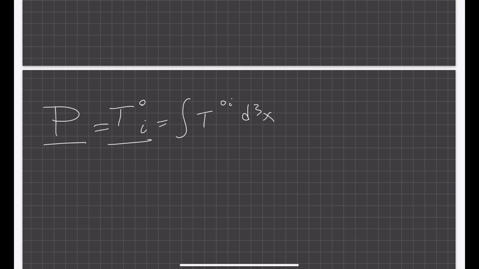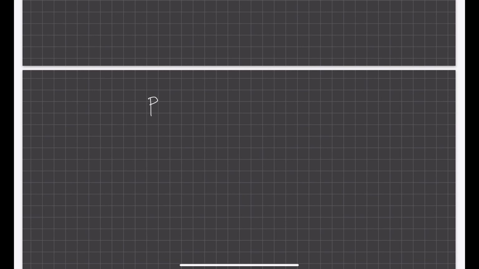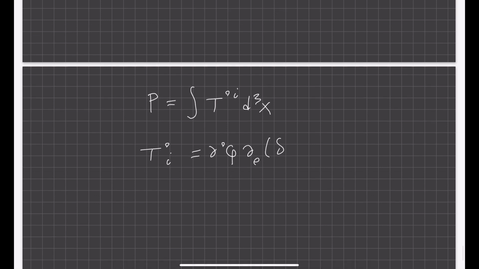So basically the total momentum is the integral of T0i d3x, right? And T0i, based on the expression, is the zeroth derivative of the field, and then I have this rho-th derivative of the field. Then I had some delta here, with the upper index being rho and the lower index being i.